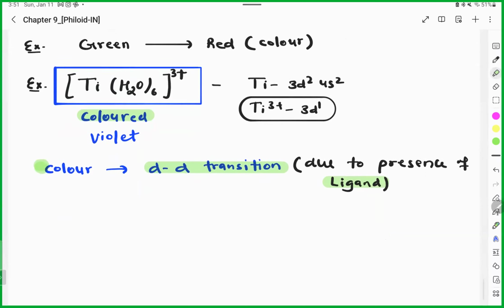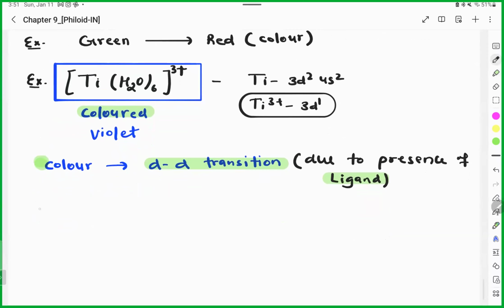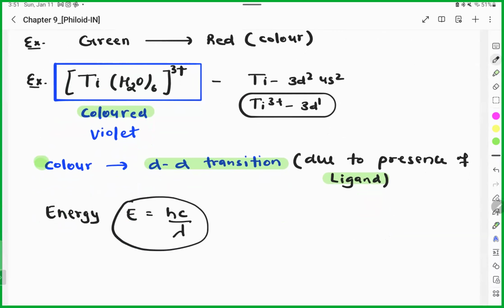And this was the question in 2025. You know energy E is equal to hc by lambda. So if energy is more, then wavelength will be less. If crystal field energy is more, then your wavelength will be less. And based on this, we will solve the question of NEET 2025.